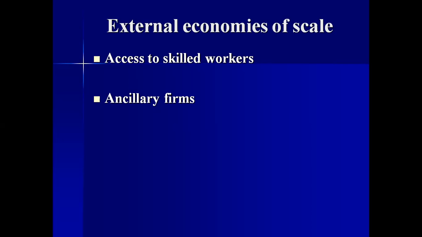And why is it easy? Because there is no transport cost involved, since they are locating very nearby, where there are lots of large firms, and ancillary firms know that they will get orders from somewhere. If not from one firm, maybe some other firm will give them orders. So again, this is an advantage, and it will help the business reduce its average cost, because in certain jobs smaller firms might be more efficient.